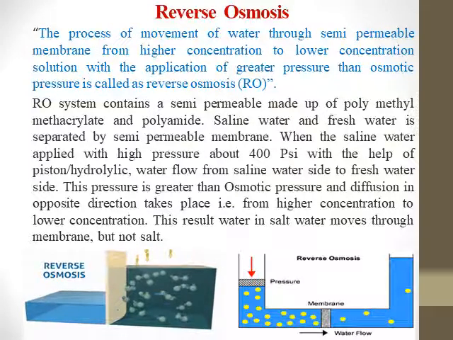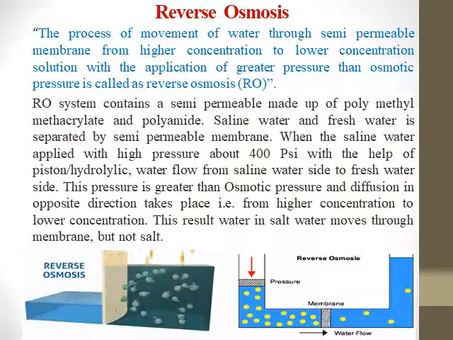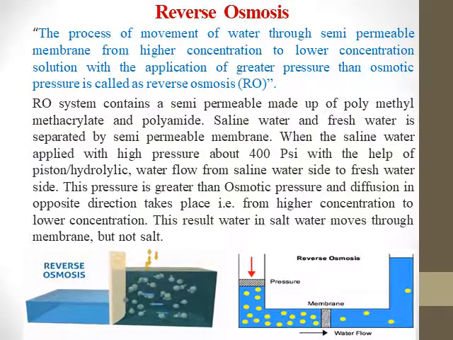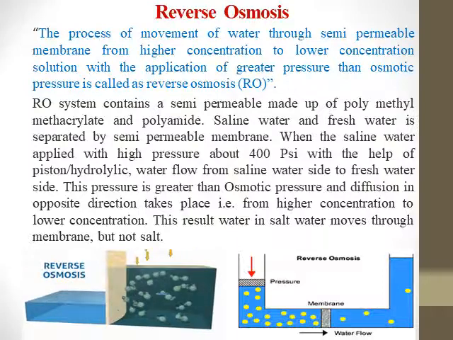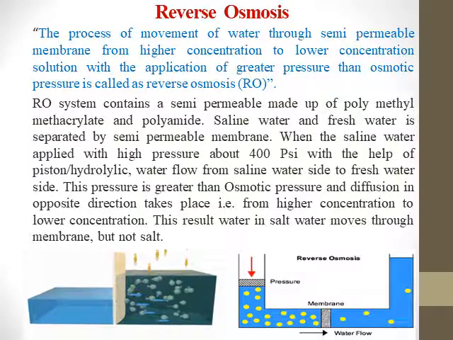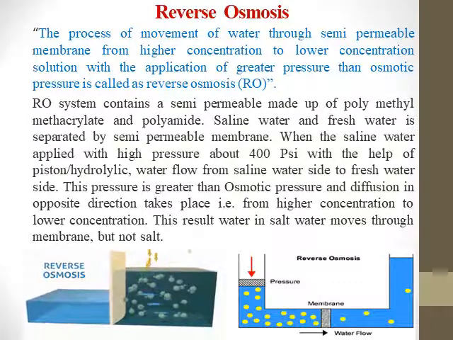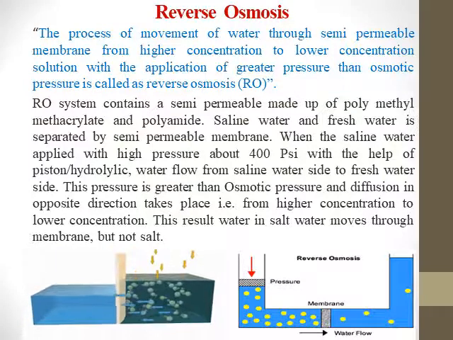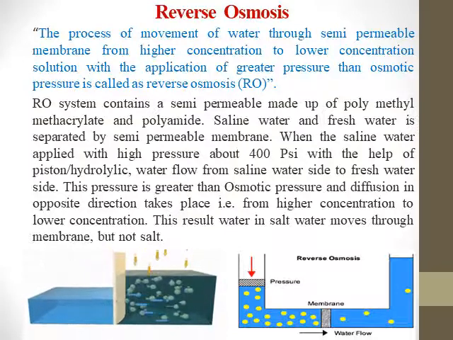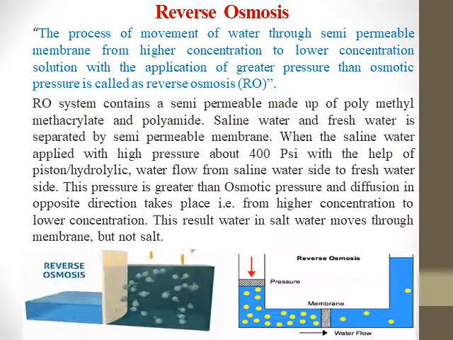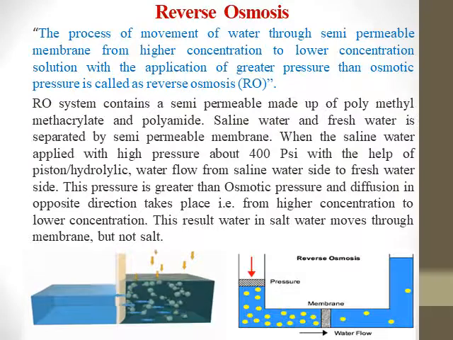Now the pressure is applied on the salt water side, so that the water molecules present in the salt water side migrate to the water side through the semi-permeable membrane with the help of the piston, and this pressure will be very great. The hydraulic pressure applied is greater compared with the osmotic pressure, and this results in all the water present in the salt water migrating to the water side, while the salt remains in that compartment and does not migrate to the water side.